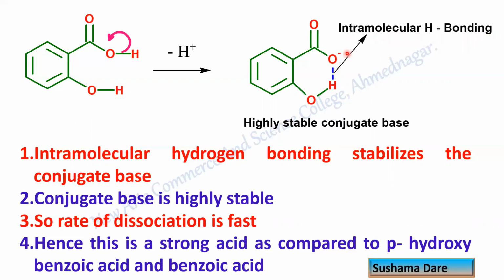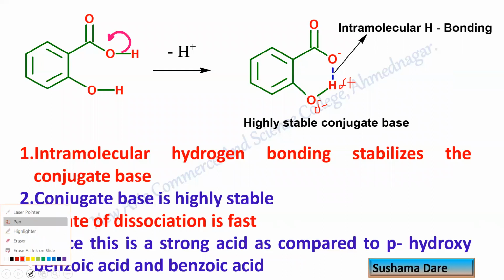So this carboxylate ion, that O minus, has a partial minus sign, and this proton has a partial plus sign. Because of this partial plus sign, this oxygen and hydrogen form a hydrogen bond within a molecule.